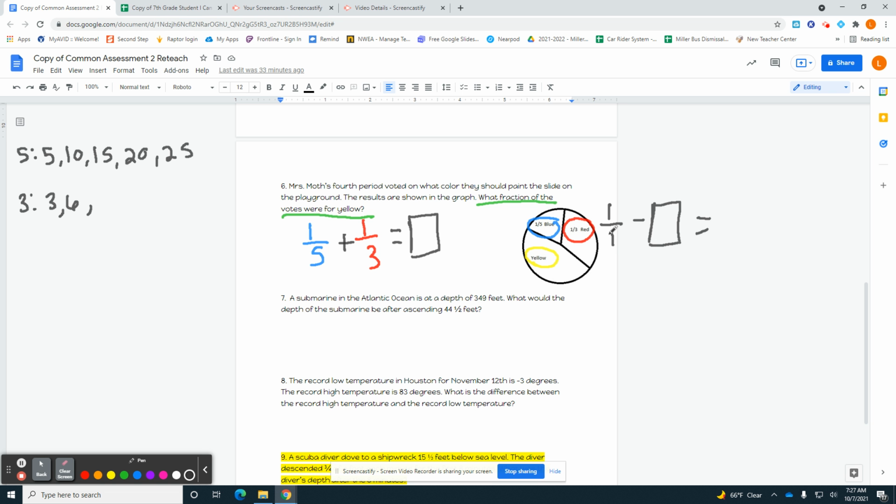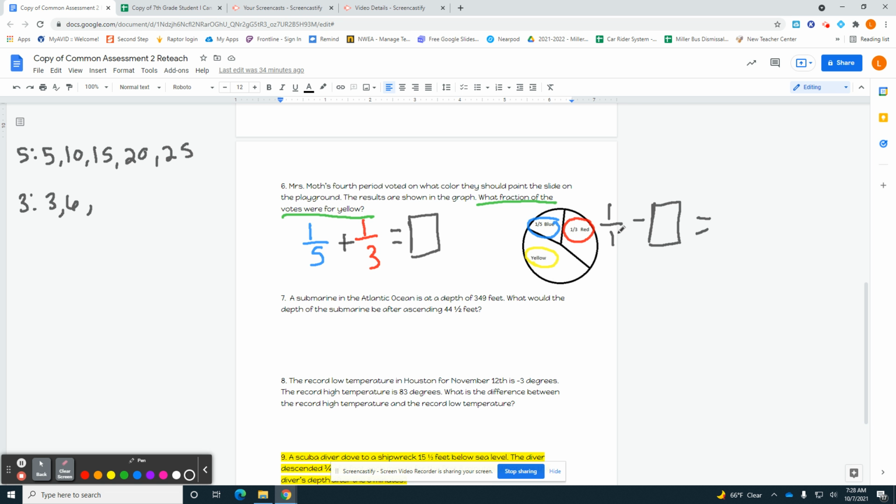But before you do that, you have to have a common denominator here. Because this is 1, it should be easy. Whatever your denominator is here, you're just going to multiply the 1 by that denominator, because 1 times any number gives you that number as your answer, right?